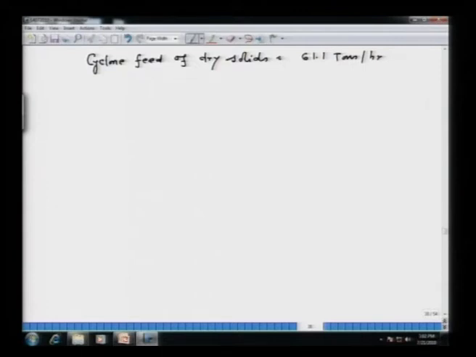Now, we also have to find out the volumetric flow rates of feed, and feed consists of solids as well as water.